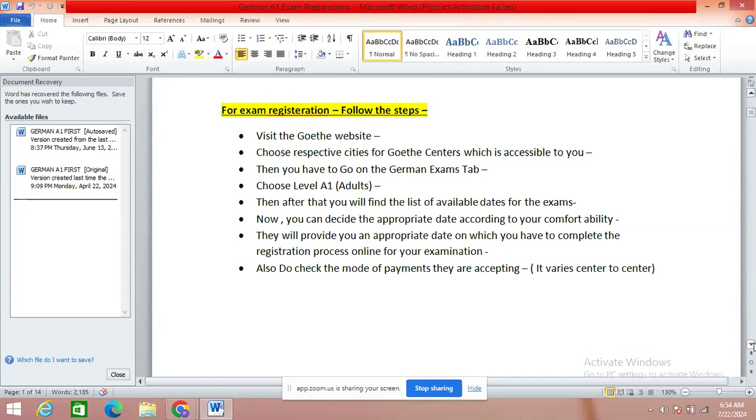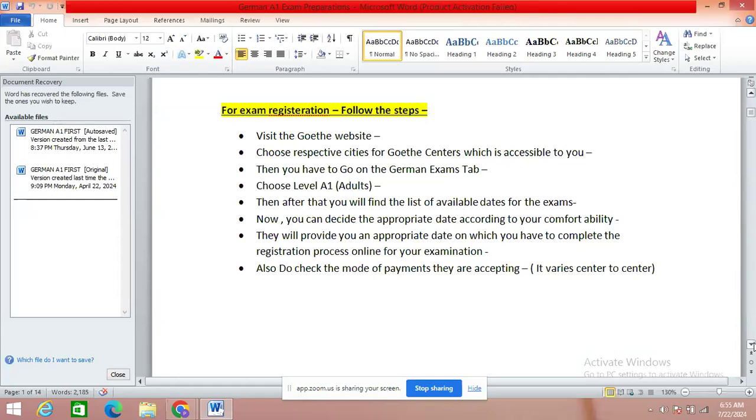Then you have to go to the German exam tab. For example, you selected Delhi Goethe. You entered the Delhi Goethe Center on their website. You selected the city Delhi. You clicked on Delhi, then they will open up the tab. In that, you have to select German exams.